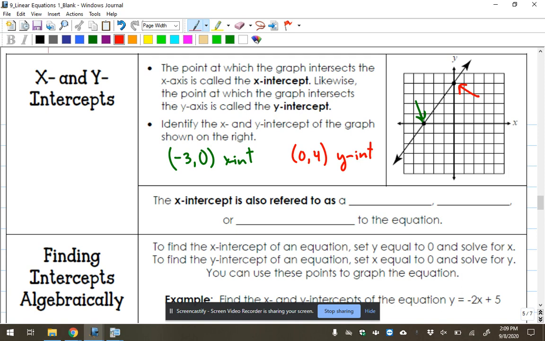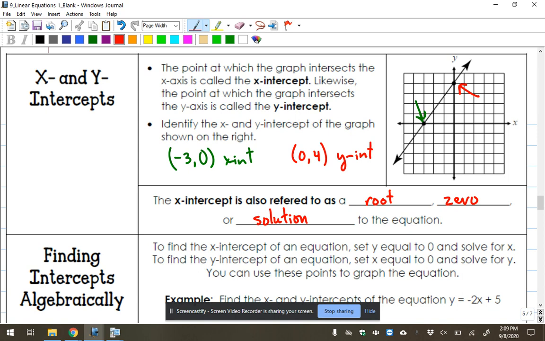All right, so easy thing there. X-intercept is also referred to as a root, a zero or a solution. As we go further into more Algebra 2-ish stuff, we'll use these words more when we talk about x-intercepts for quadratics, which will be the next thing we go to.